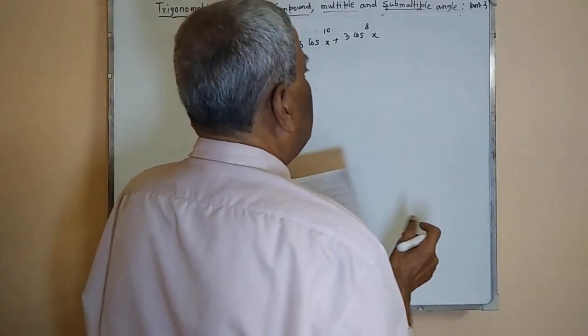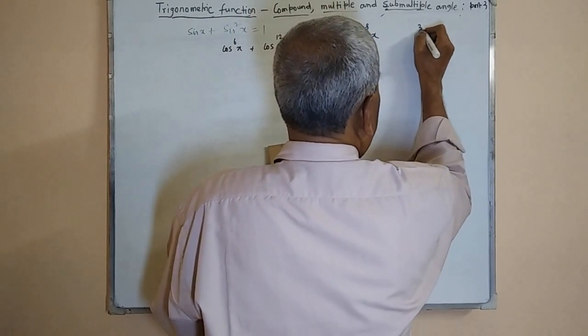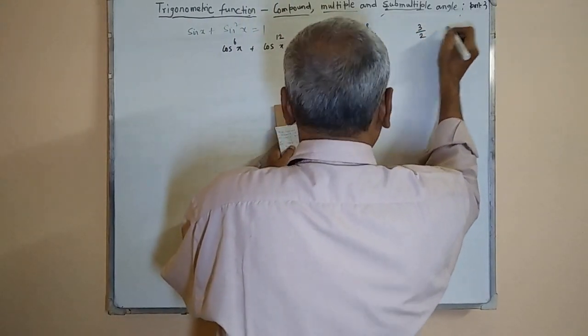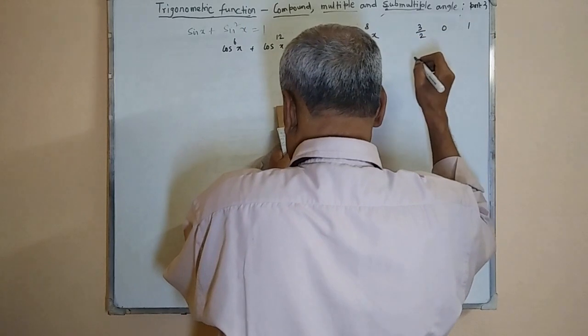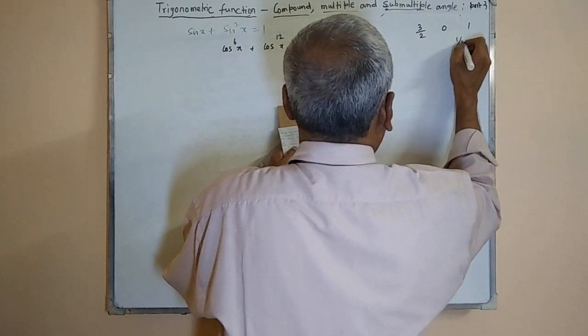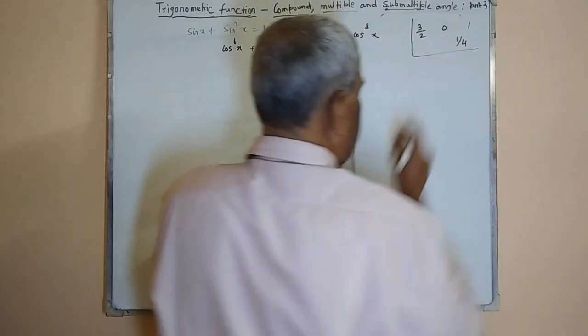Its value, the options are 3 by 2, 0, 1 and 1 by 4. These are the options.